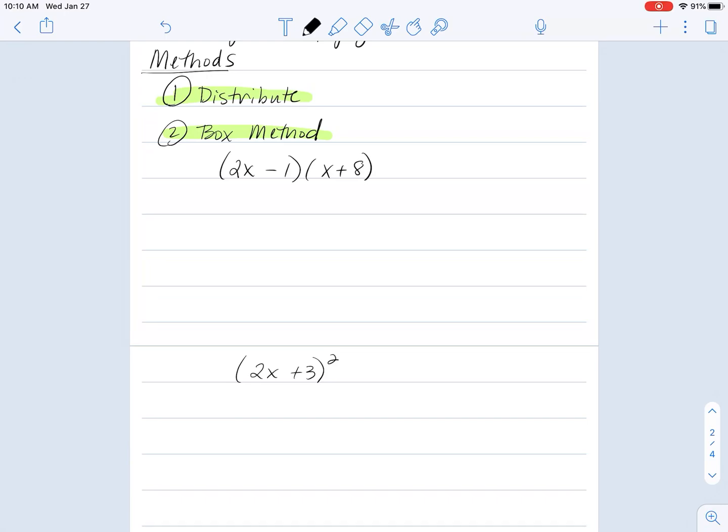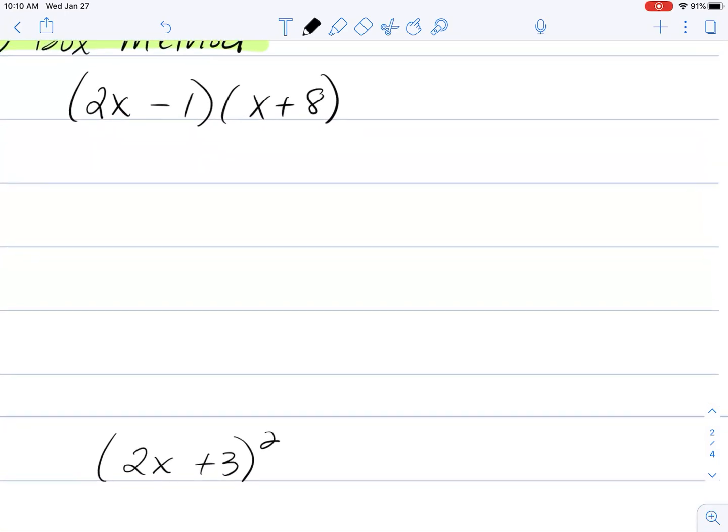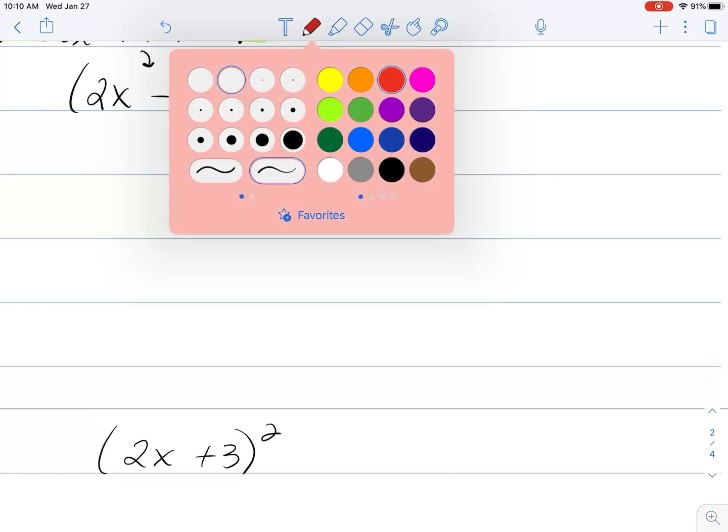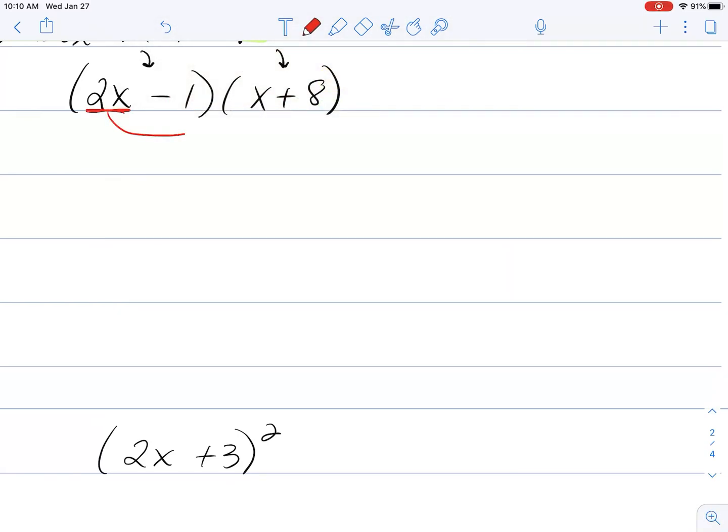So when we go to tackle this first one here, we are essentially multiplying this first binomial by the second. The distributive method is to take this first term and multiply it by both things in the second parentheses. So 2x times x is 2x squared, and 2x times 8 is 16x.